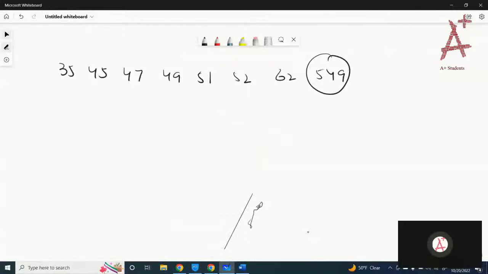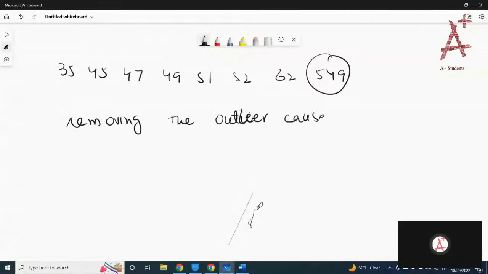So removing the outlier causes the mean to decrease. Got it?